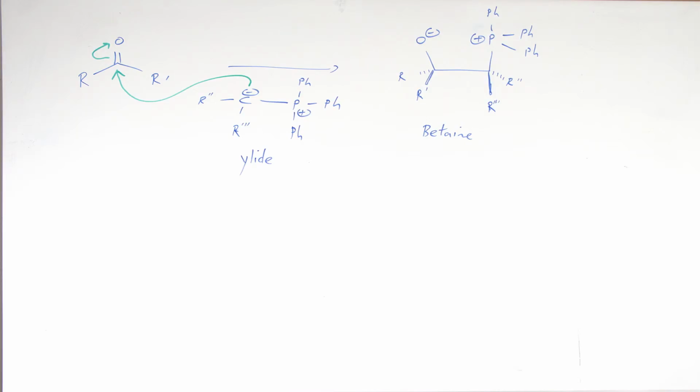So it's going to be a strong nucleophile just like everything else we've seen. Now, that's going to cause us some stress. This is called a betaine intermediate.